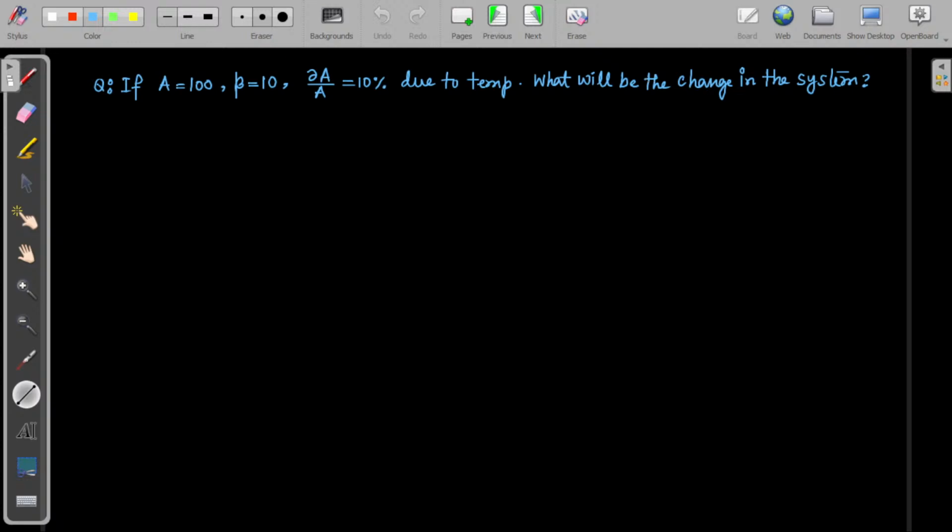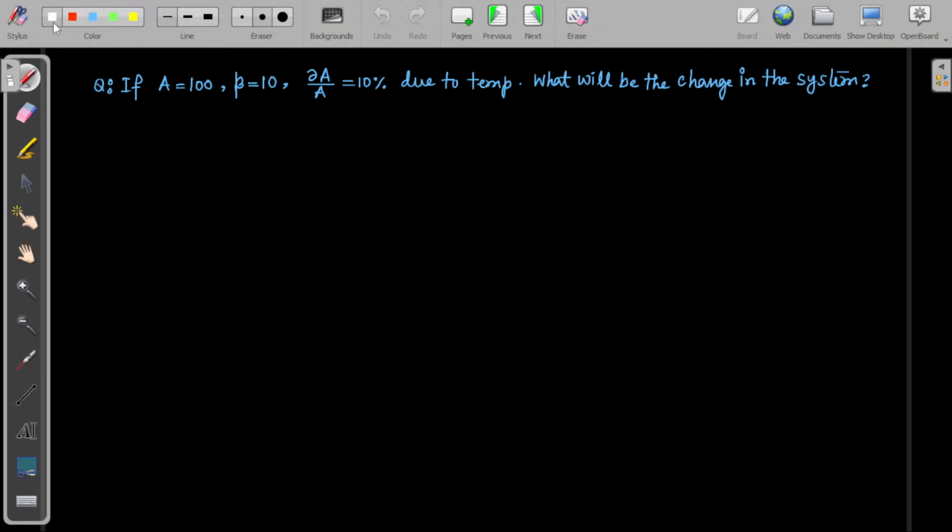It is a question of sensitivity, because del A by A, that is the change in the basic amplifier gain, is given, and we have to find the change in the system. Change in the system means change in the overall gain of the system, that is del AF by AF.